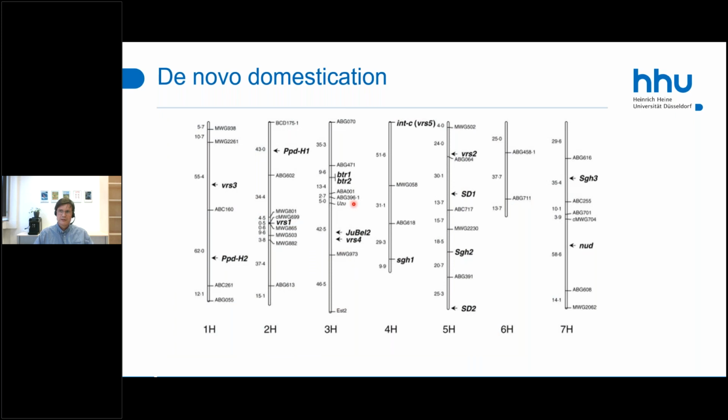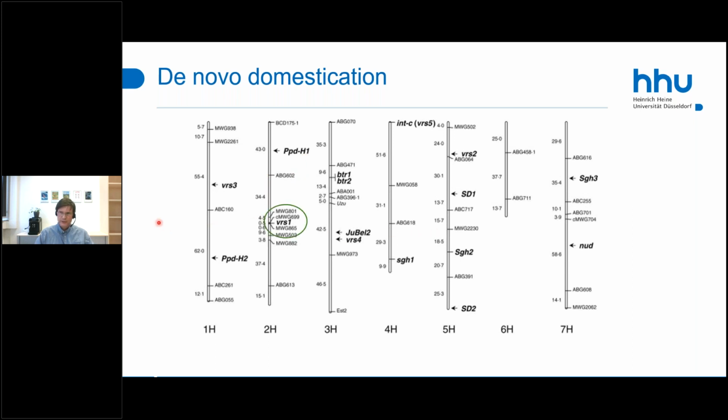And scientists have discovered over the years several genes which are related to some of those domestication traits, which are given here, and they are distributed amongst the 7 barley chromosomes.